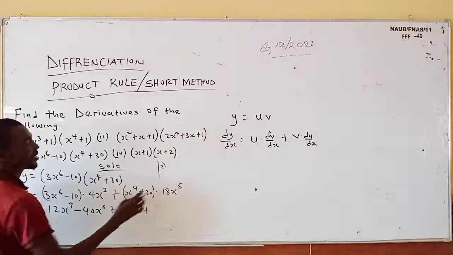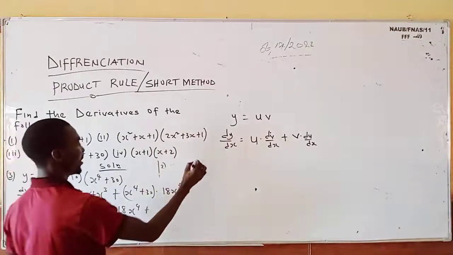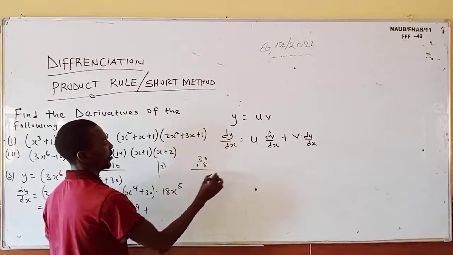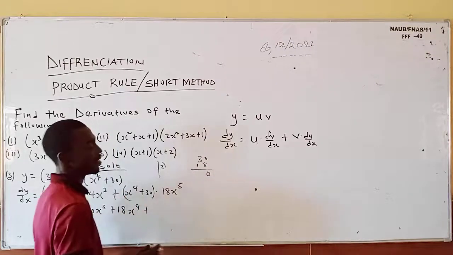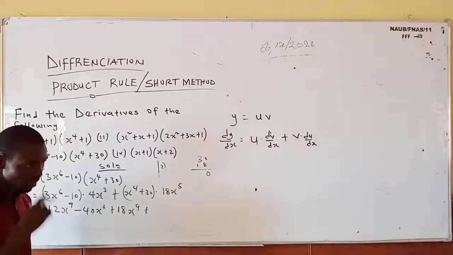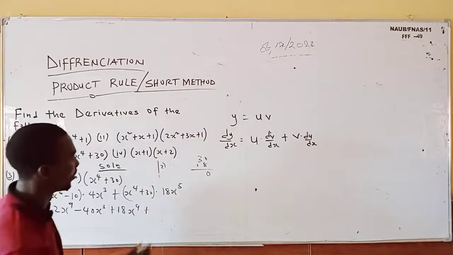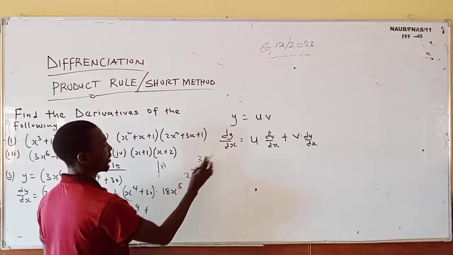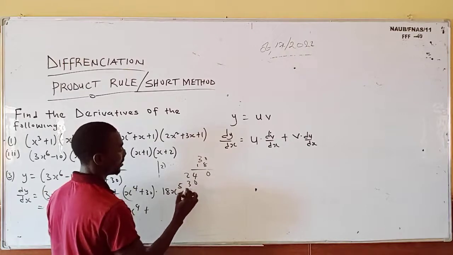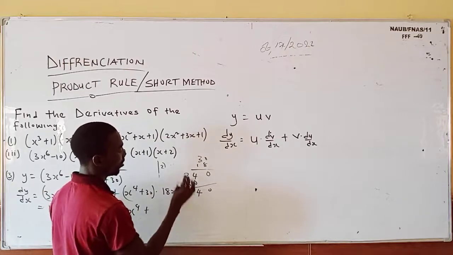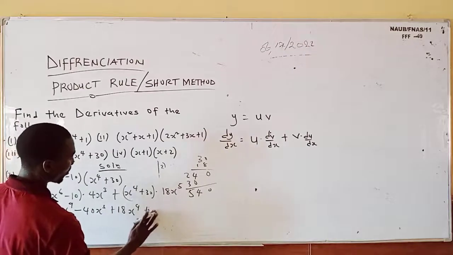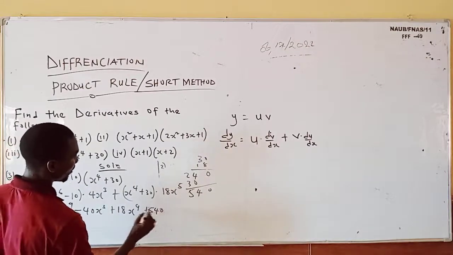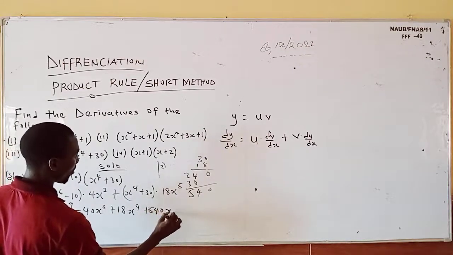Plus 30 times 18. 30 times 18. 8 times 0 is 0. 8 times 3. 8 plus 8, that is 16. 60 plus 8, that is 24. 1 times 0 is 0. 1 times 3 is 3. 0, 4, and 5. That is 540.